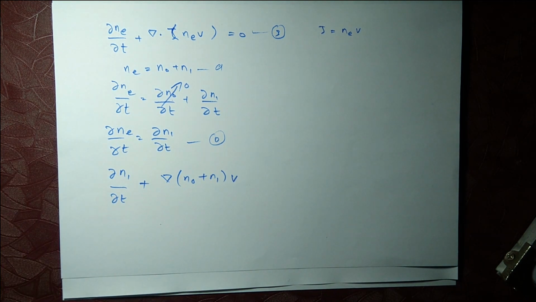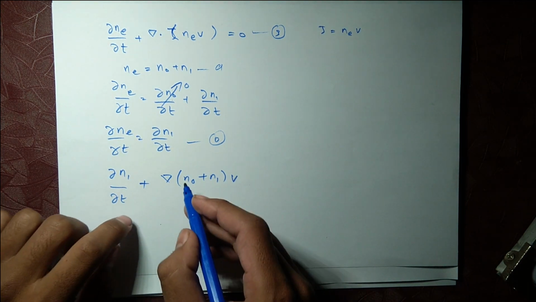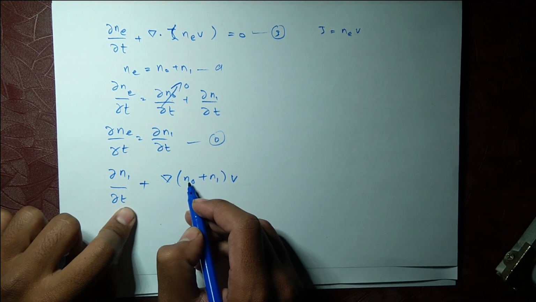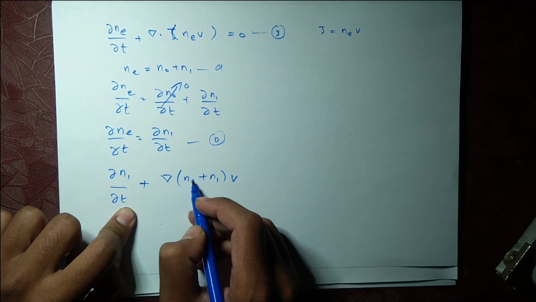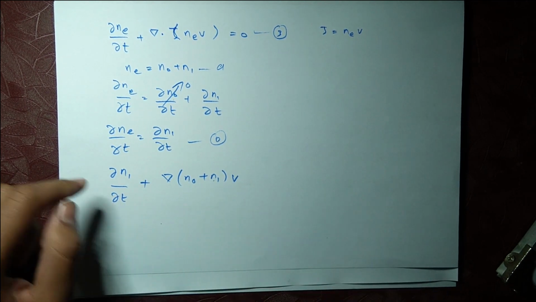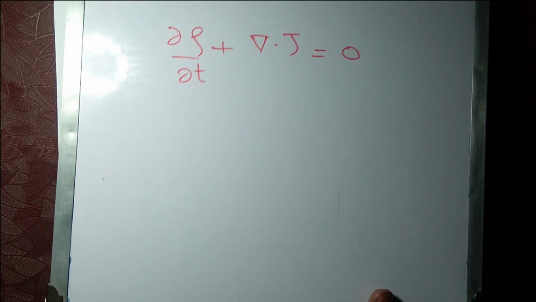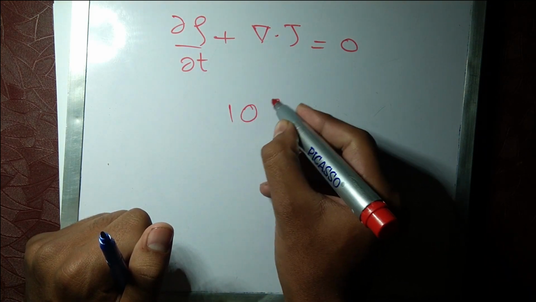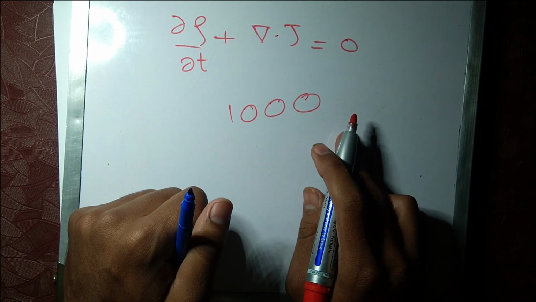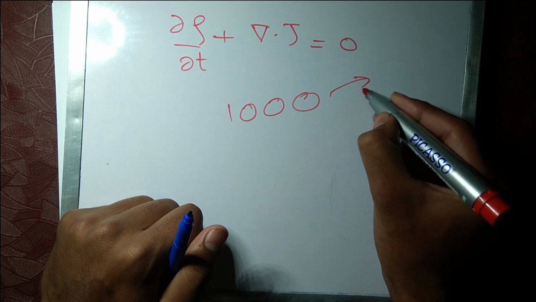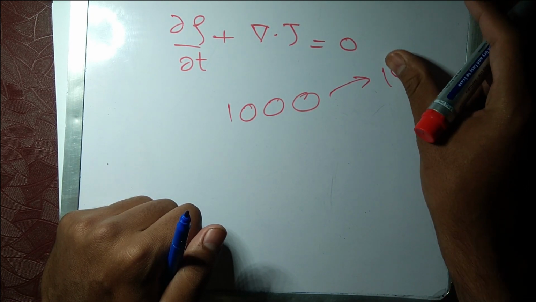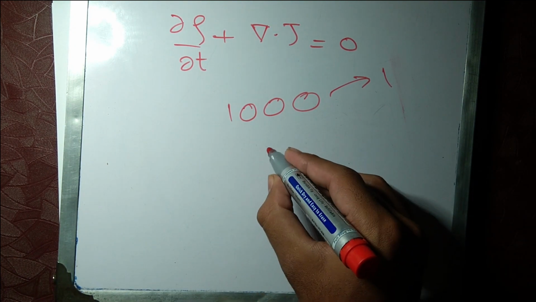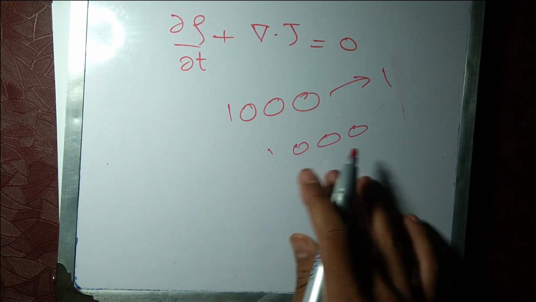As we said, the number of particles in the equilibrium state is much larger than their variation. Just like if you have 1000 rupees, or 1000 particles, and 1 particle is left, you say there is a small change, the overall will still be nearly 1000.